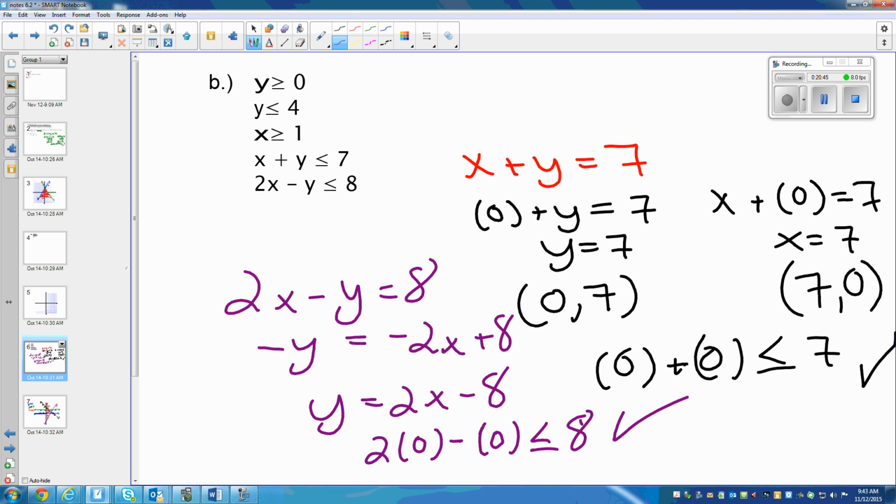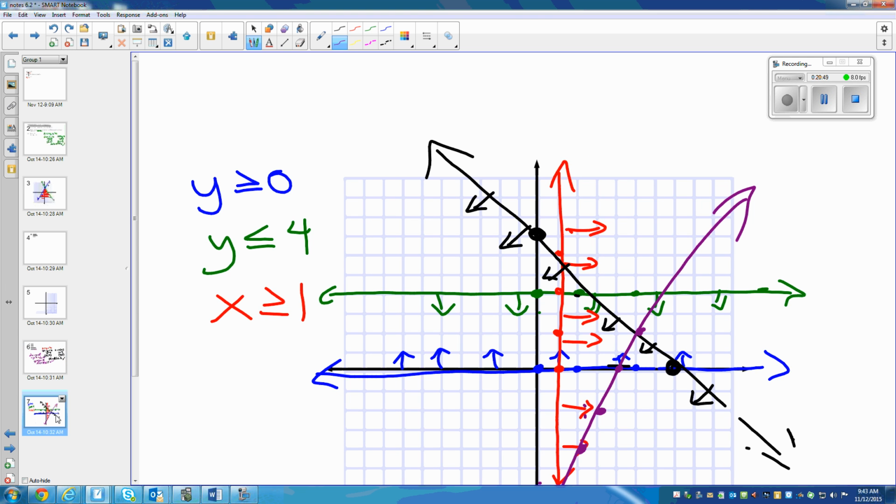So we color on the side of 0, 0, and it's this way, right? There is a bunch of arrows. It does look kind of crazy, but can you see where all the arrows are pointing together? You just take your highlighter and come in here, and it's right in this section.